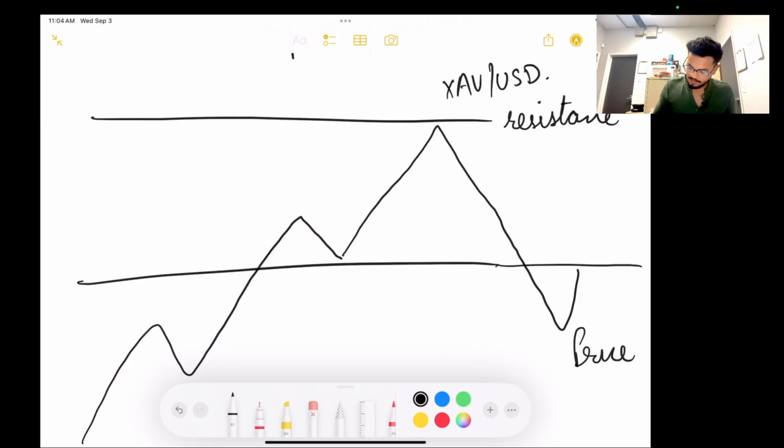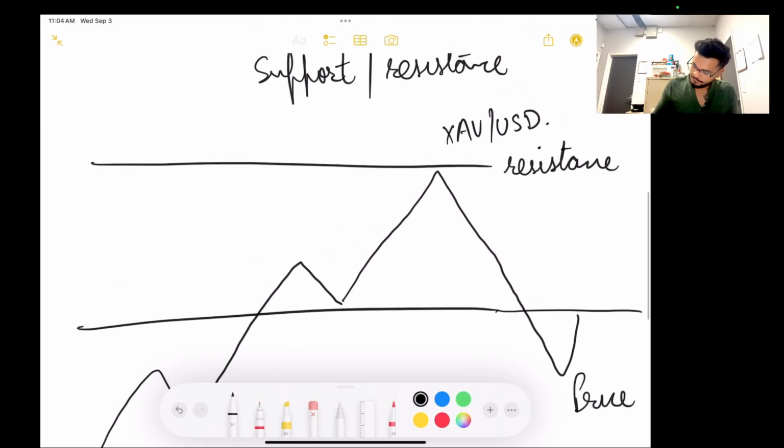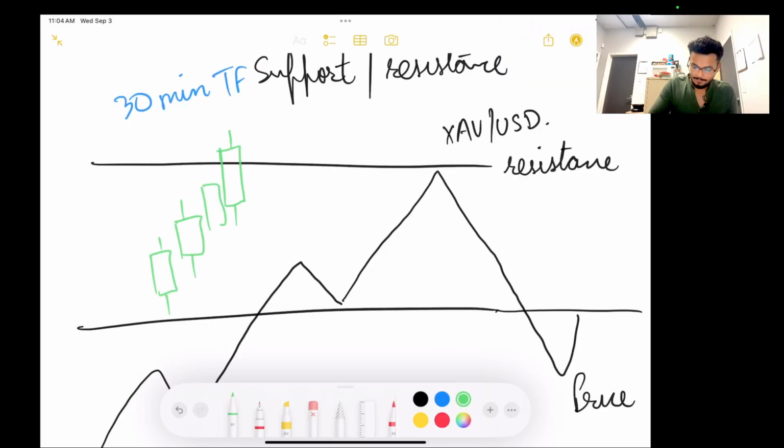Now how is resistance formed? Let's say it's a 30-minute time frame, and you see a candle forming. You see a bullish candle forming like this after big momentum. All right, and then you see a red candle that breaks below previous low and forms something like this.